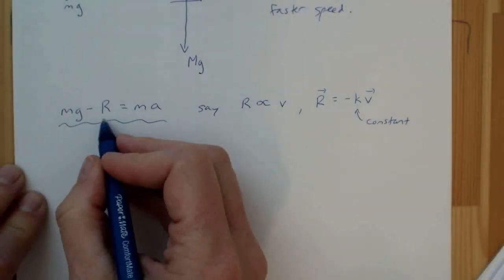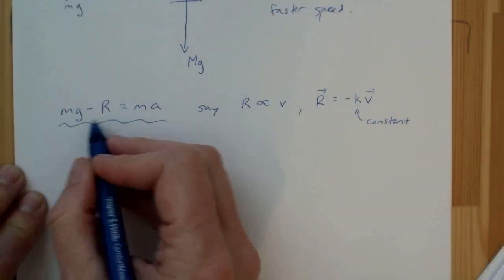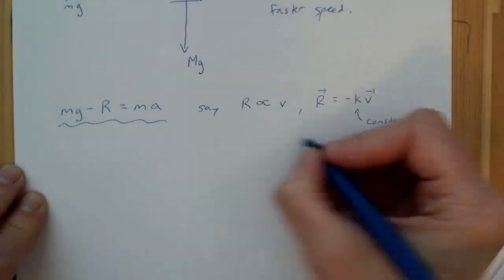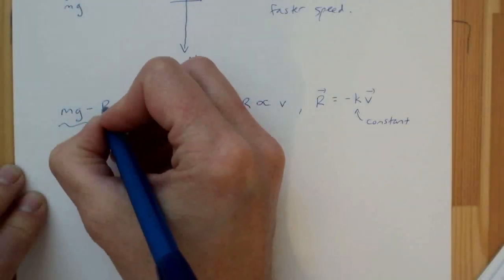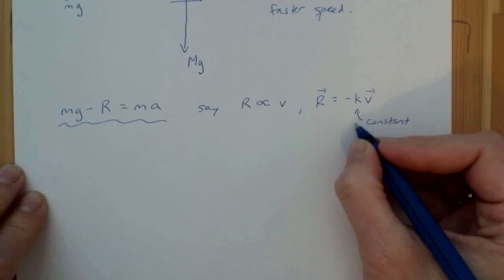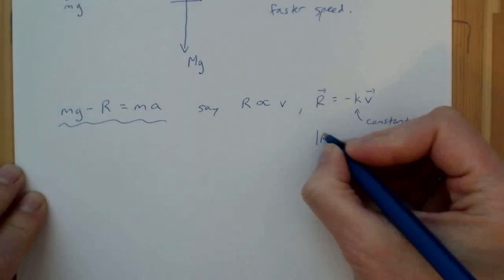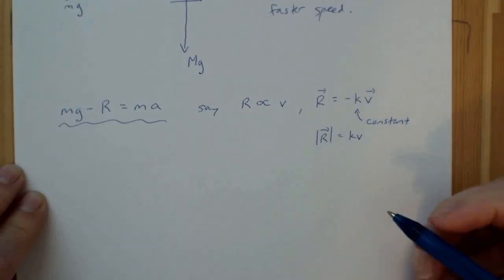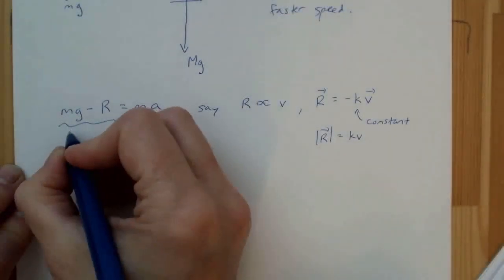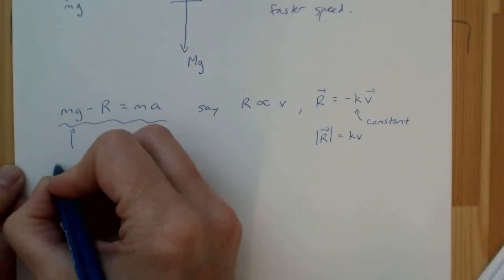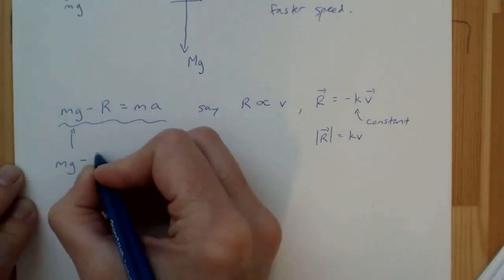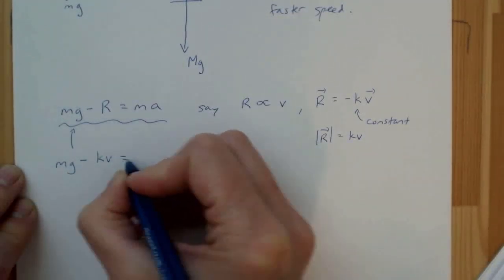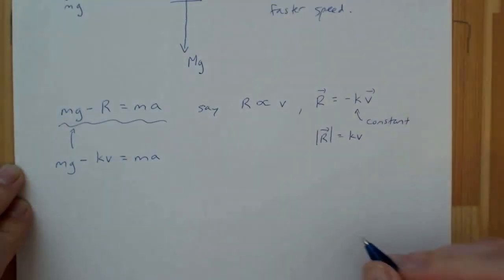So what we can do then is talk about how, in this case, the magnitude of R, this here is the magnitude of R because I've already included that negative sign, is going to be equal to k times v, the magnitude of the speed. So here I can put in that mg minus kv equals the mass times acceleration.